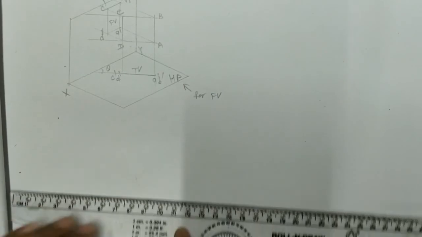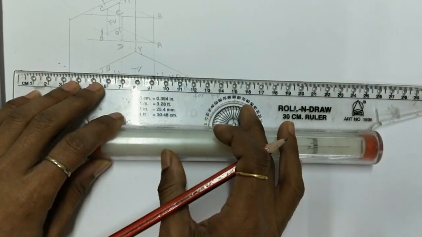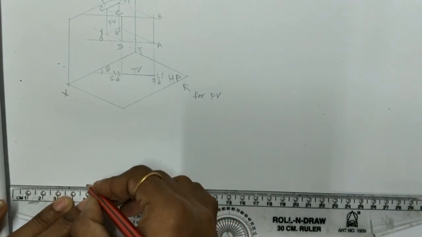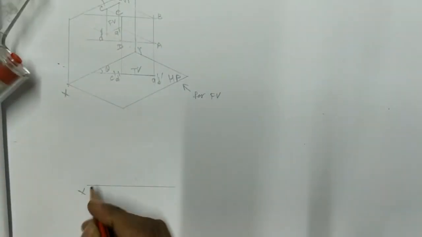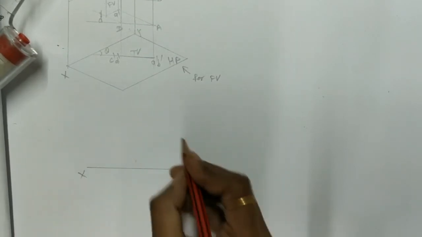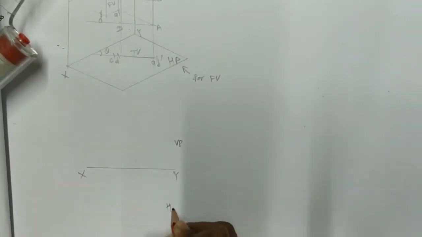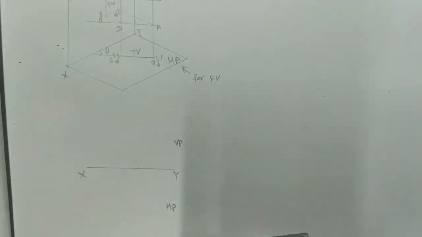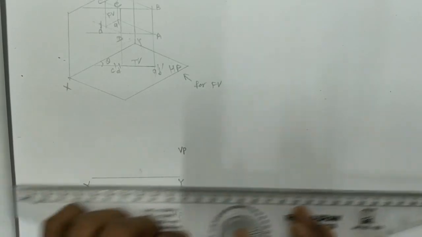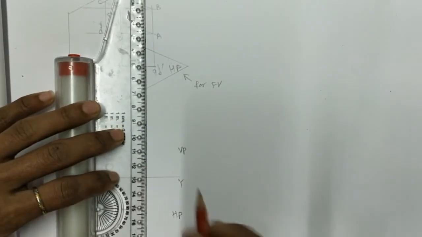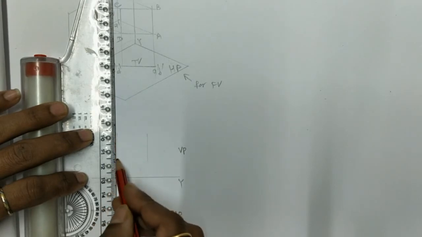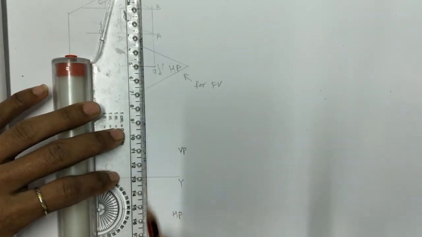Now draw front view and top view in 2D. This is XY line. This is VP and this is HP. Now as we know front view is a rectangle. So in front view draw a rectangle. And take projection of this rectangle below.